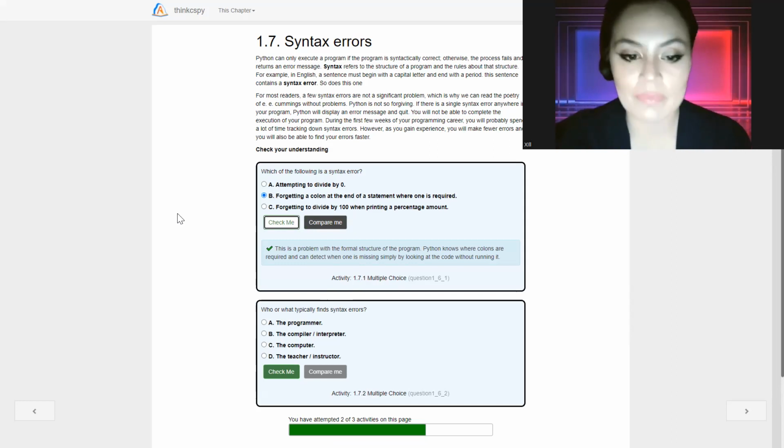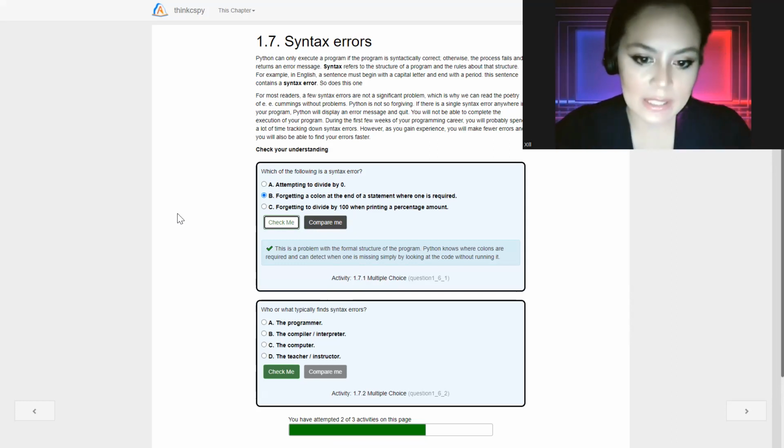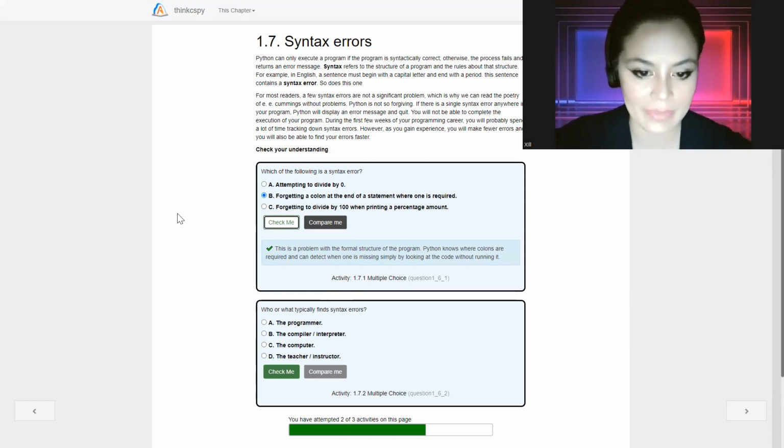Python knows where colons are required and can detect when one is missing simply by looking at the code without running it. Who or what typically finds syntax errors? A, the programmer, B, the compiler or interpreter, C, the computer, or D, the teacher or instructor.